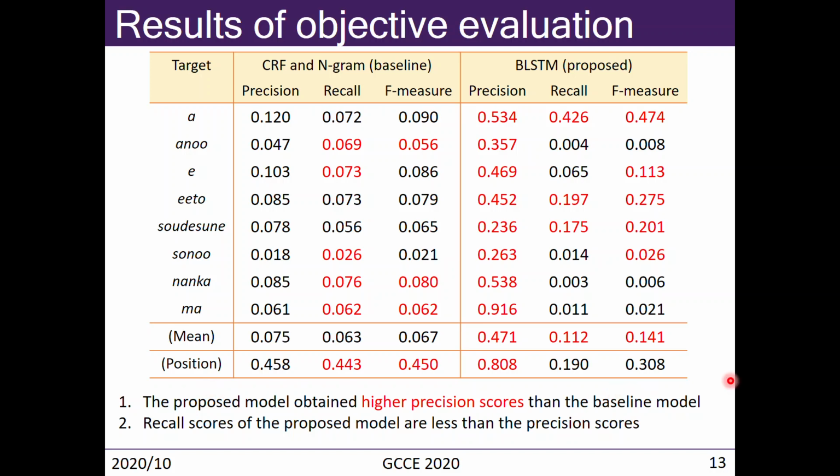Two major results can be seen from this table. One is that the proposed model obtained higher precision scores than the baseline model. The other is that recall scores of the proposed model are less than precision scores.